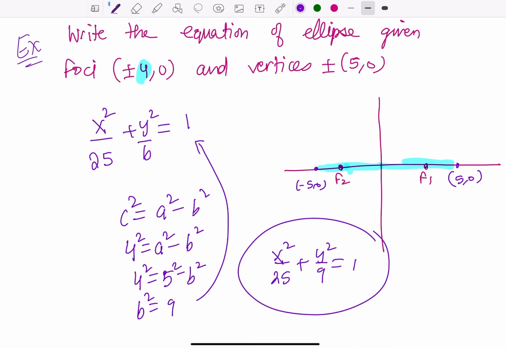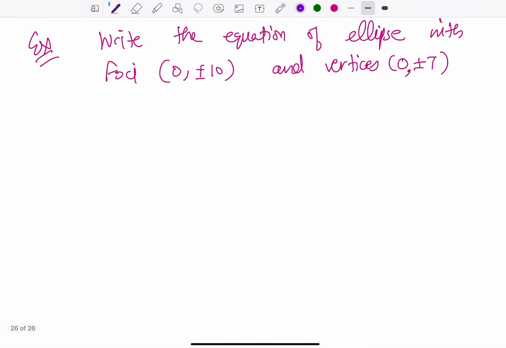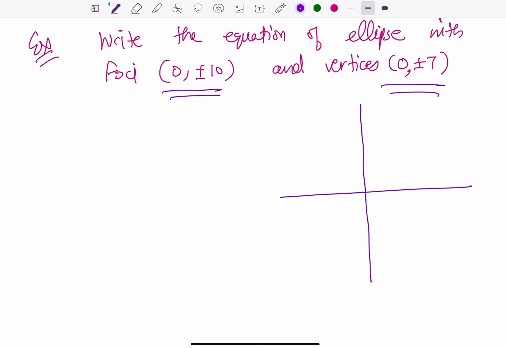Let's see another example of writing the equation of an ellipse. We're given the foci and we're given the vertices. It's very important to go ahead and graph them first to see what your major axis and minor axis are. So foci are plus or minus square root of 10, because foci have to be inside the ellipse.